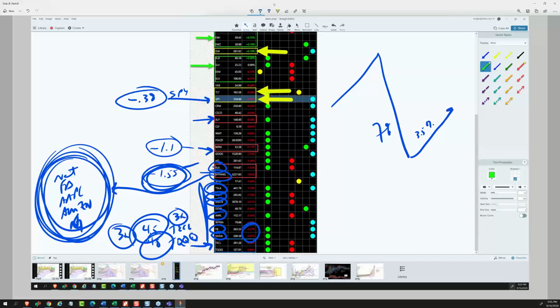Well, a lot of our tech leaders were responsible for this win. All of those today were part of this sell-off. So if the guys that were leading the way up are being undercut and that's pulling the market down, would it surprise you if they were also bad tomorrow?